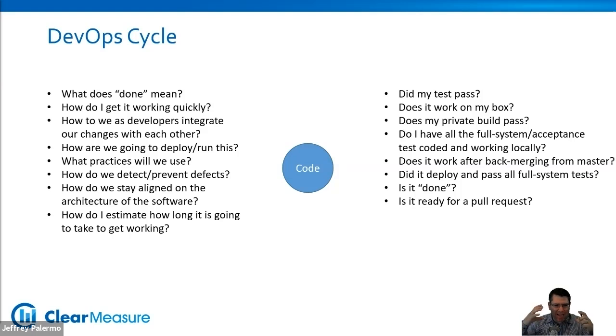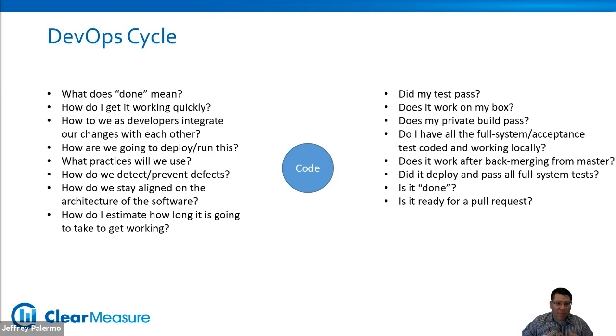And when you are in the code, and by the way, in a future webinar, we are going to break down this code cycle into its different parts. Because of course, if we're writing a test and it fails and we're making it pass, there's a TDD cycle, and then there is a Control F5, run it locally, and then change some code, run it locally. That's a cycle that spins.